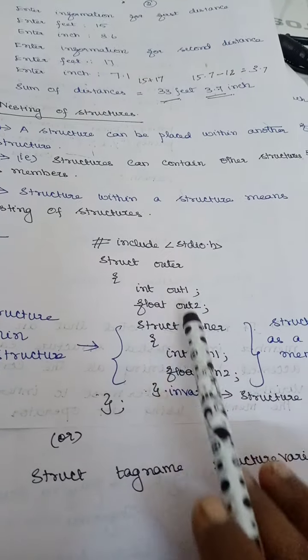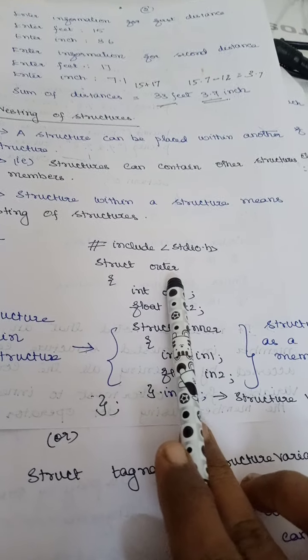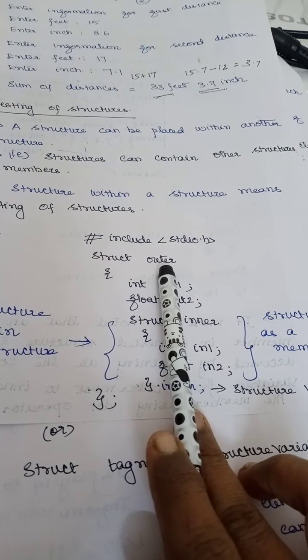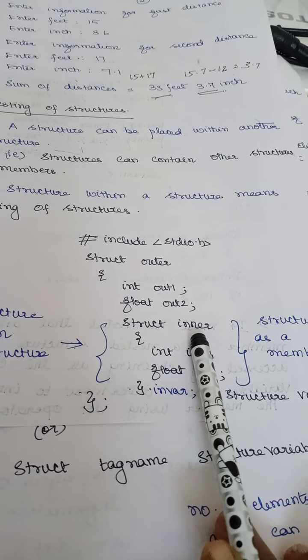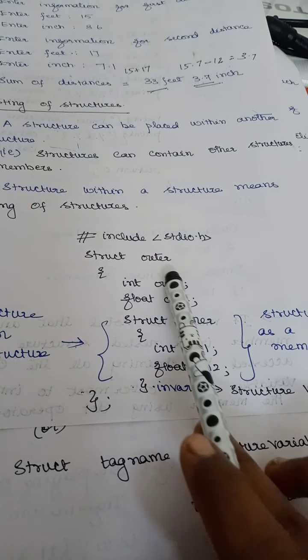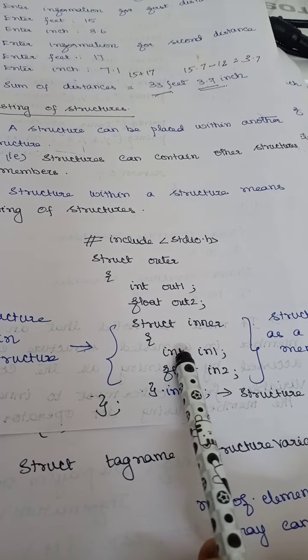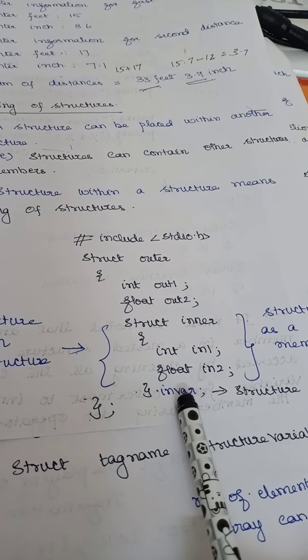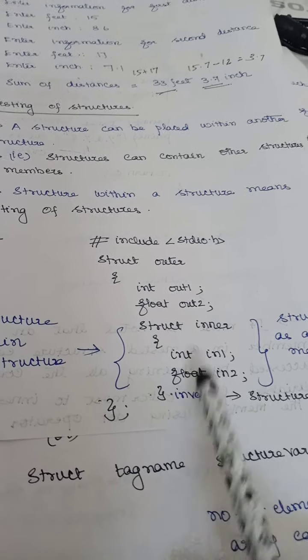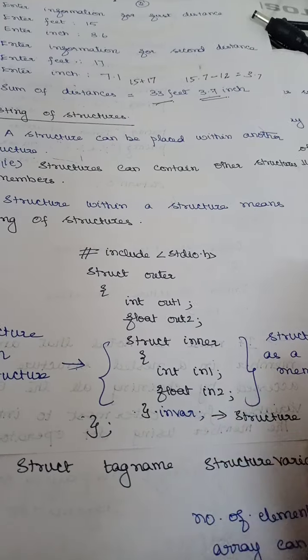So we'll see one example. For your understanding, I have written struct outer. So this is an outer structure. Within this structure I have my inner structure. In the outer I have two variables. In addition to it I have one more variable of type structure, right? For this I am creating a variable here, the inner variable. Similarly for outer also I can create one more variable, right?